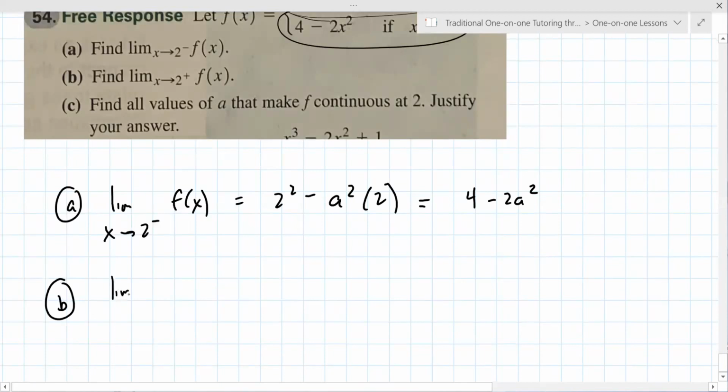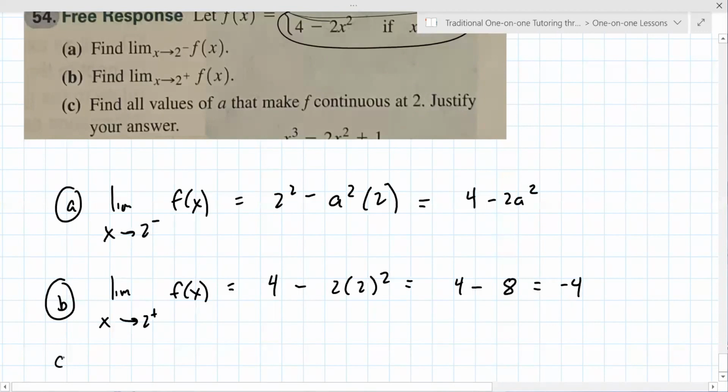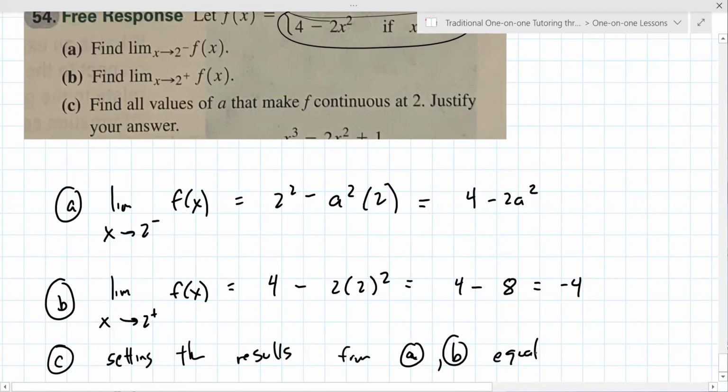Okay. The limit as x approaches 2 from the right. So then it's 4 minus 2 times 2 squared. So that's 4 minus 8, -4. This is very important for part C: you're setting the results from A and B equal. That's why I said generally they just move to part C, because you're supposed to know that you have to put the value in from the left and from the right.